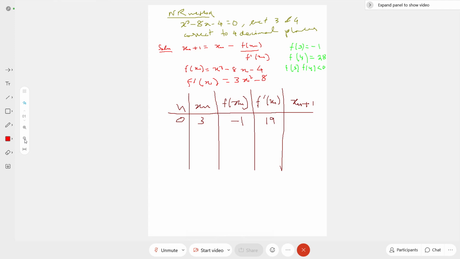You have to just use the formula. Pratusha, just check it once more. A little bit of decimals. Yes, 3.05. That's what you should get. Okay, 3.05. So in the next iteration, my value comes here to 3.05.